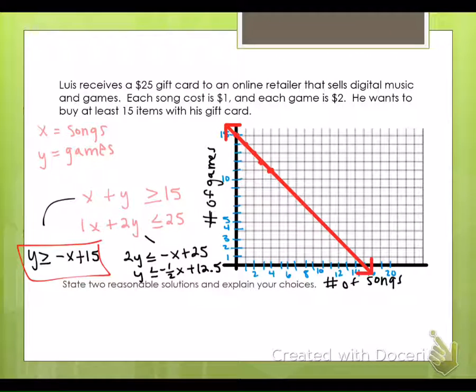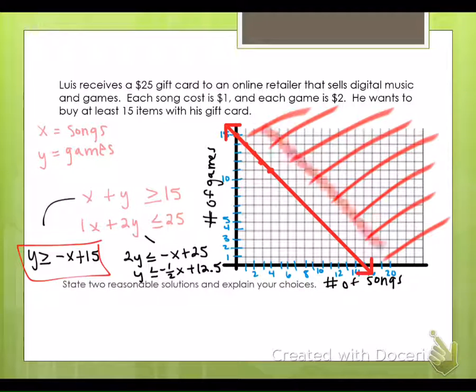So since it's greater than or equal to, I'm going to shade above that line. Greater than or equal to is above, so I'm going to shade above the line.